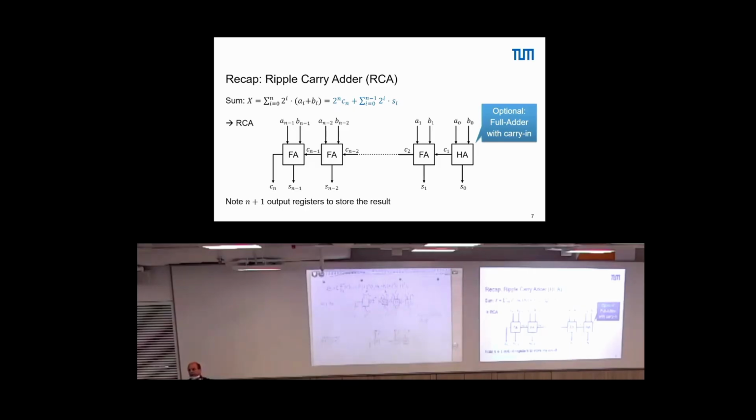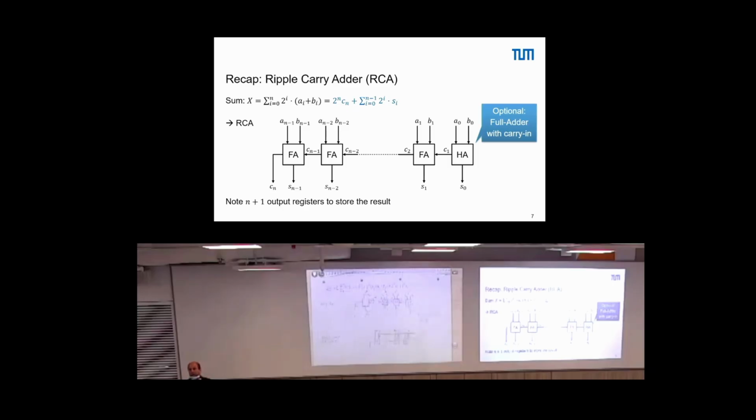How to implement that a value of B can, on a control signal, be subtracted or added, so inverted or not? We can do this with a multiplexer, or we can do it with an XOR, right? So we have here an XOR, and here an XOR, and here an XOR, and I just connect these with a control signal.